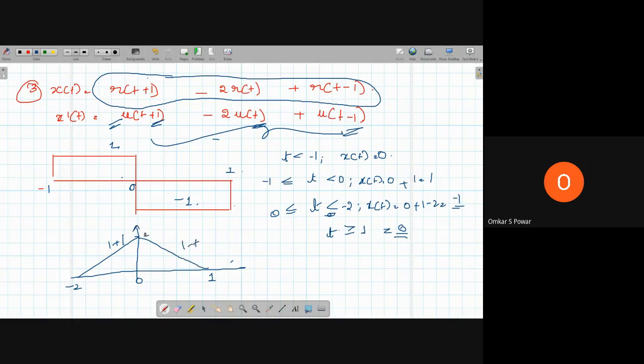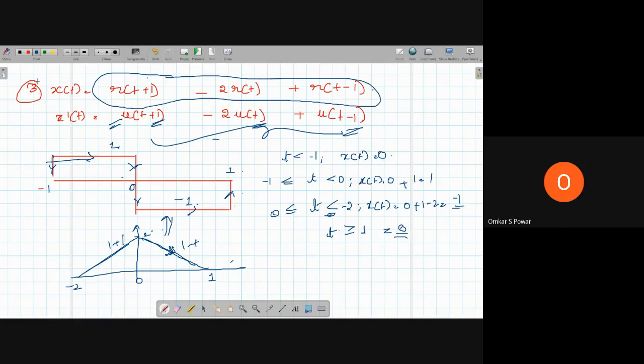So for this ramp function, if you take the derivative, for rising you will get a unit step like this. Then for decreasing, like having a negative slope, you will get a minus unit step function. So if you can remember this, you can plot for any function easily.